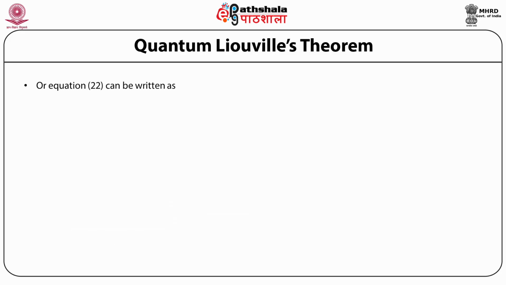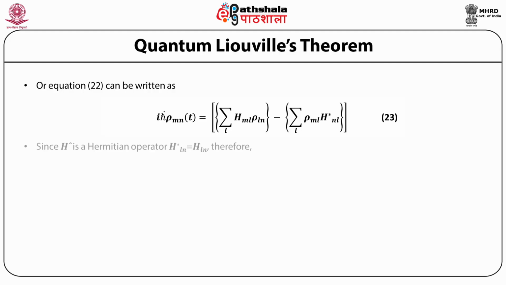Or equation 22 can be written as iota h bar rho dot mn(t) is equal to, within the square brackets, summation over l H ml rho ln minus summation over l rho ml H star nl. Since H is a Hermitian operator, therefore H star ln is equal to H ln.